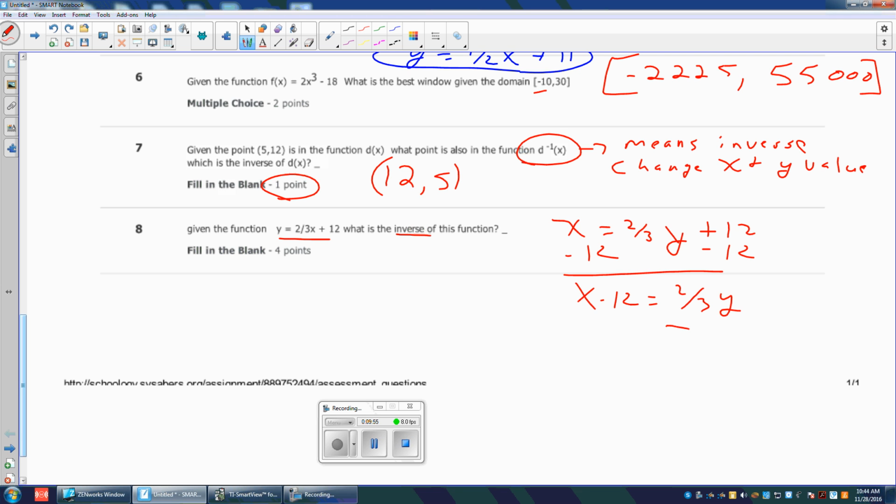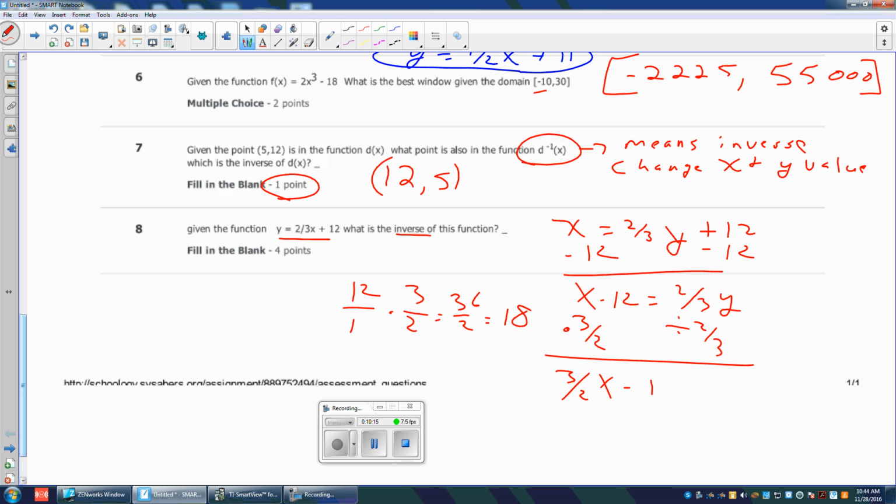When you divide by 2/3, remember you're really multiplying by 3/2. So it's 3 halves x minus, now 12 over 1 times 3 halves is 36 over 2, which is just 18, and that equals y.